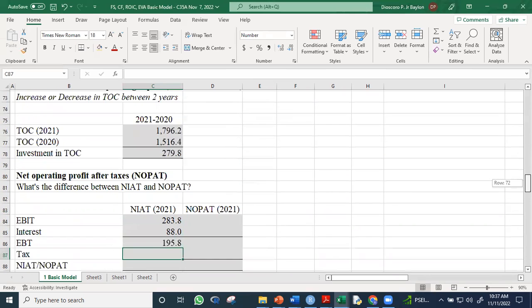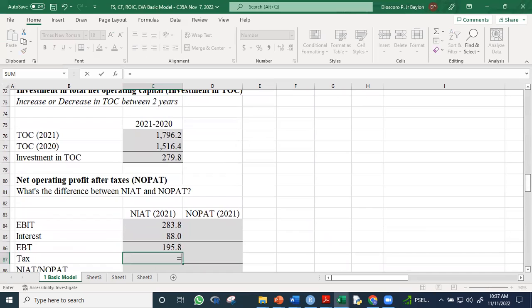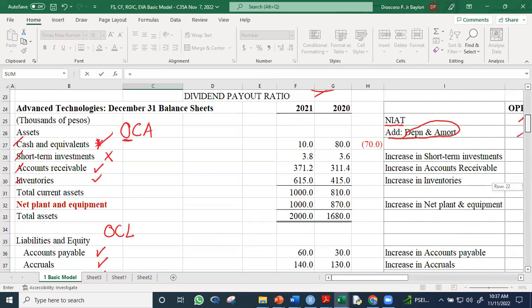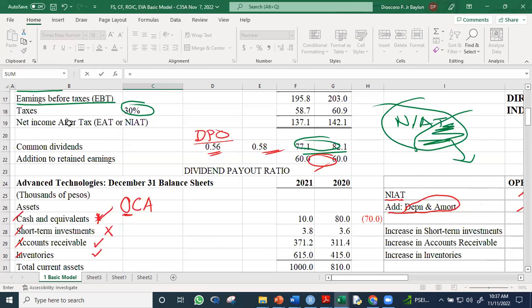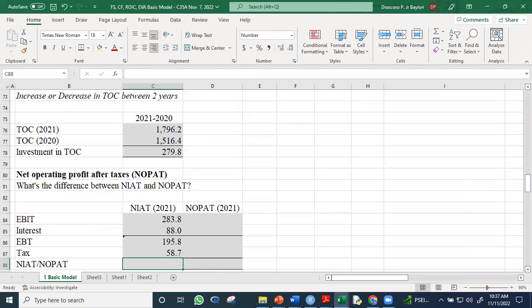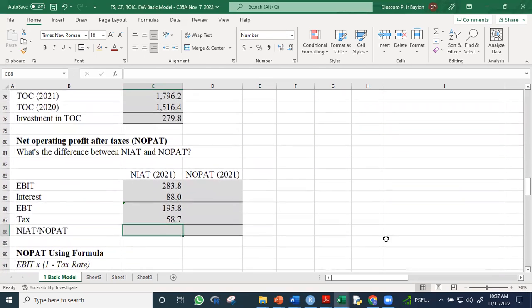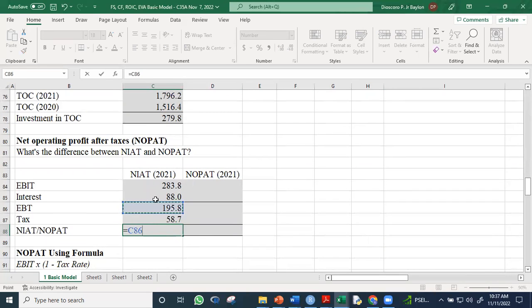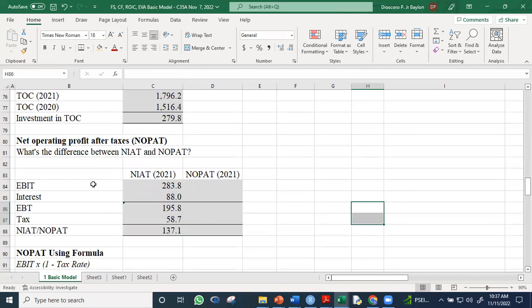And then our tax, let me just copy it from above. Our tax is this one, 58.7. Therefore, our net income after tax is the difference between the two. This is the same as the one above, net income after tax. Now the question is, what is NOPAT? Net operating profit after tax.